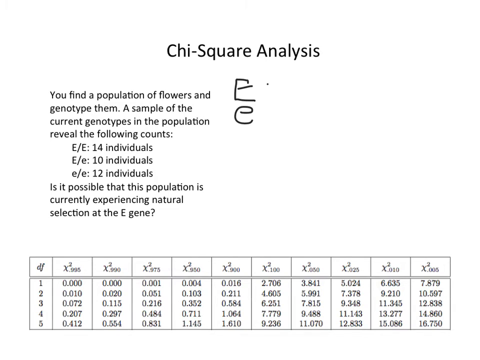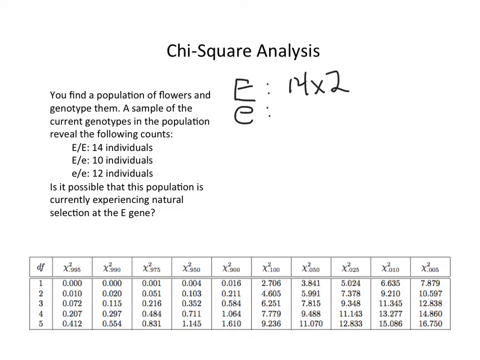We've got a big E and we've got a little e. But what are the frequencies? So E over E, we've got 14 times 2, 14 homozygotes, each of which have 2 alleles.